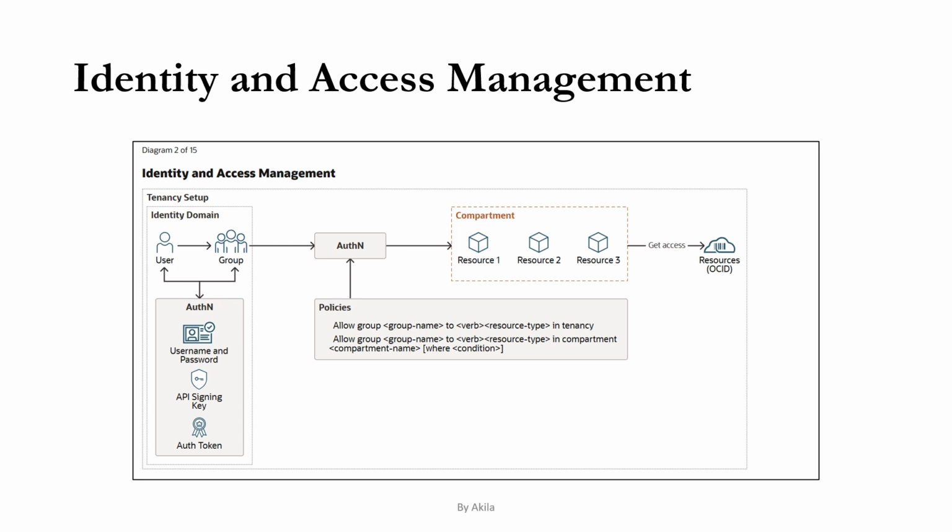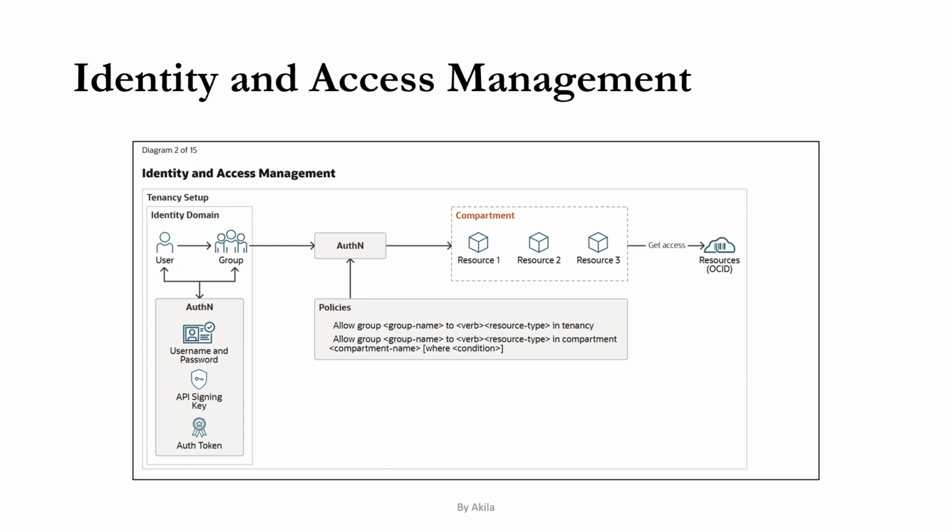Within the compartments, the particular resources will be there with the OCID. Already we have studied about OCID, that is, Oracle Cloud Infrastructure Identifier. So with that we can access the resources, but there is a way to do the authentication.